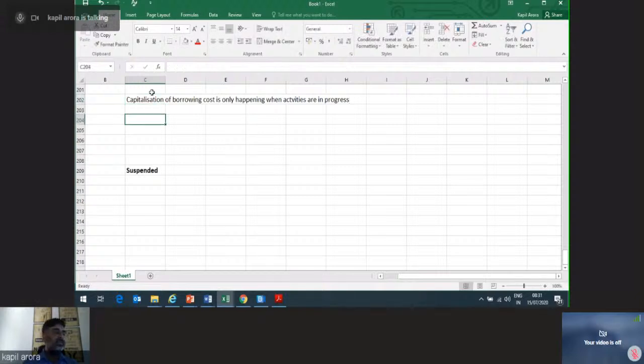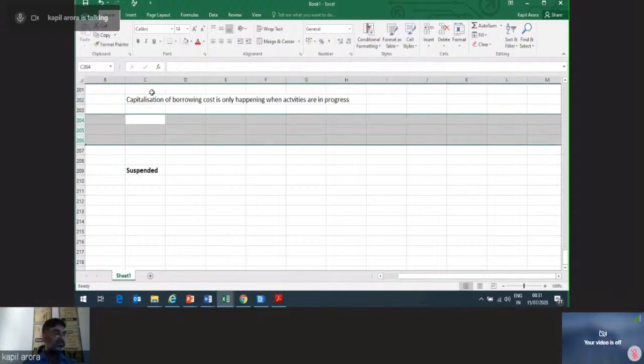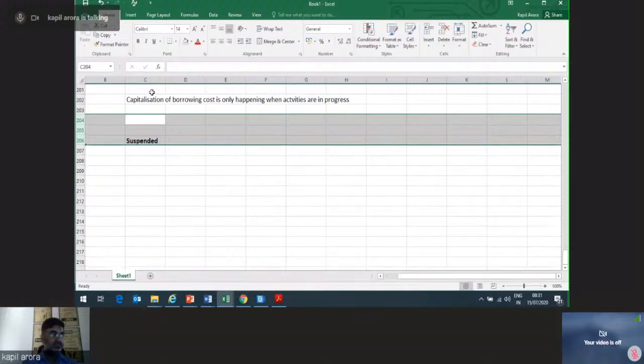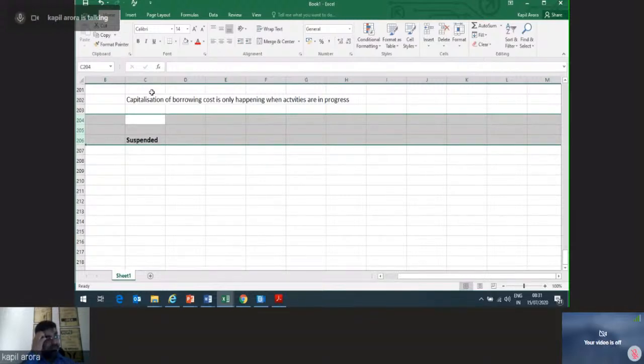But what happened? Exactly, Rishabh. It will be added in the value of the asset, and then the asset will get depreciated and it will hit my profit and loss. So capitalization of borrowing cost only happens when activities are in progress.